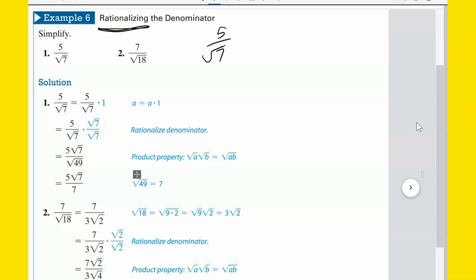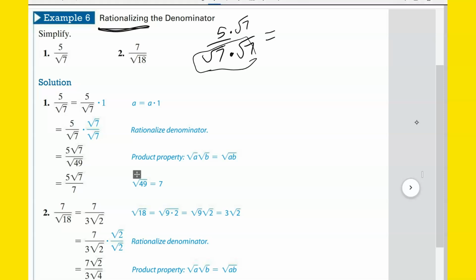The best way, usually, to make a radical on the bottom go away is to multiply that radical with itself. And as long as you do the same thing to the top as you do to the bottom, then you're not changing the value of the fraction, so that's okay. So I've got the square root of 7 times the square root of 7 on the bottom.